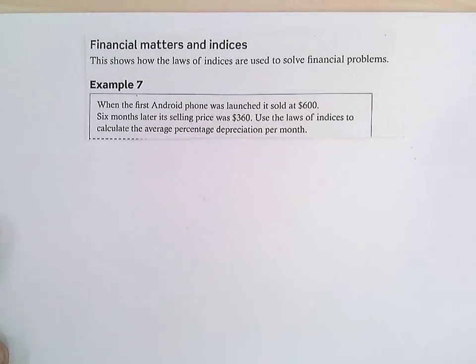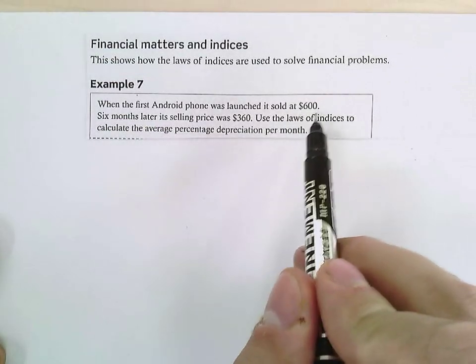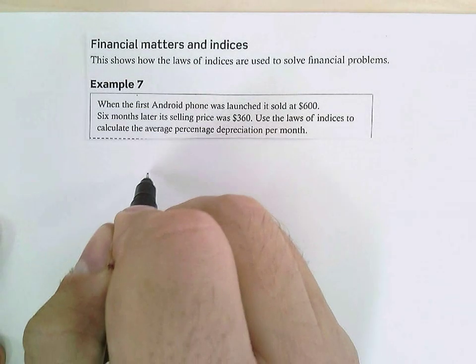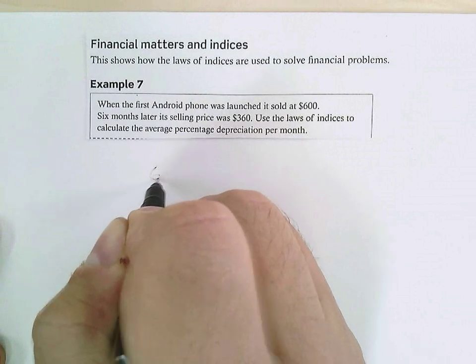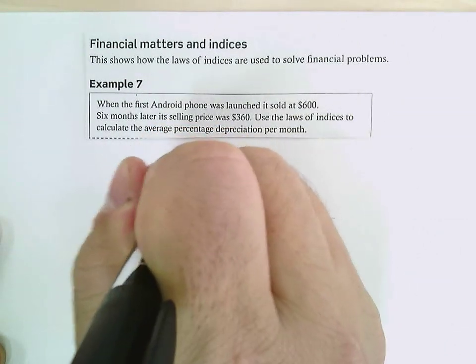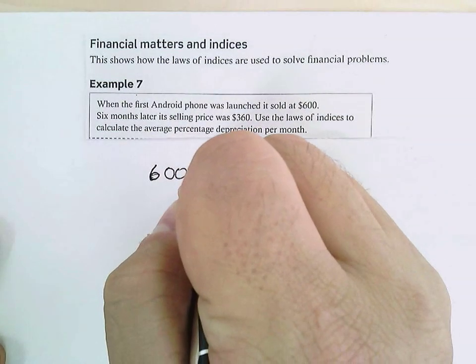Well, we know that when the Android was $600 to begin with, and then 6 months later, it was $360, right? So I know that I had to take $600, right? And then it's going to depreciate, but I'm just going to write it like this.